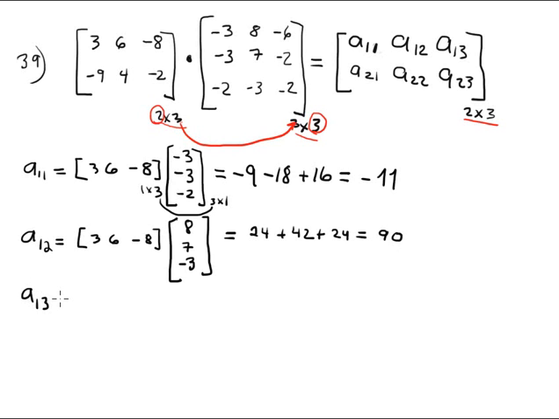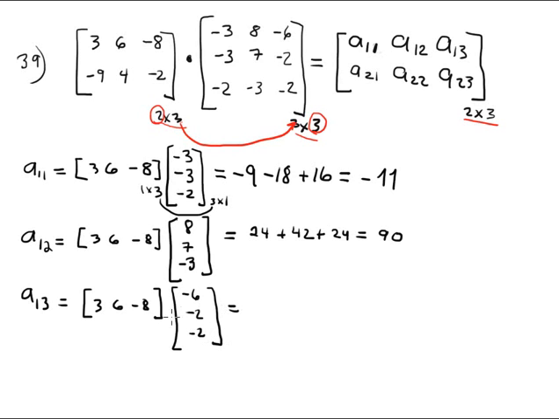A13 again is the first row, 3, 6, negative 8, multiplied by the third column, negative 6, negative 2, negative 2.